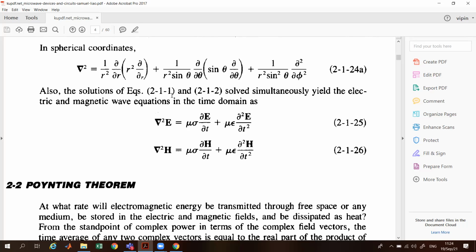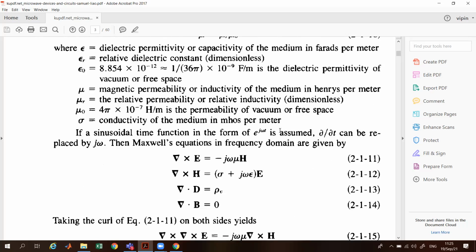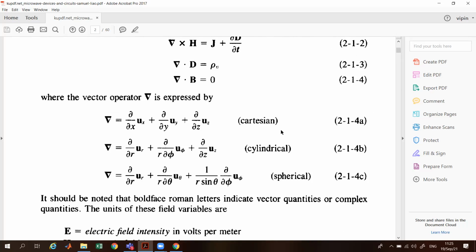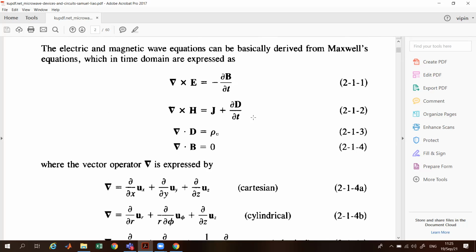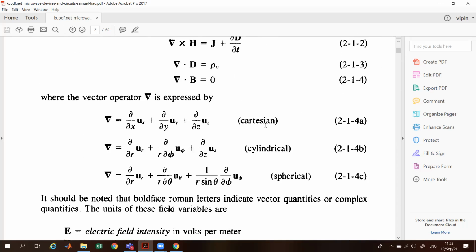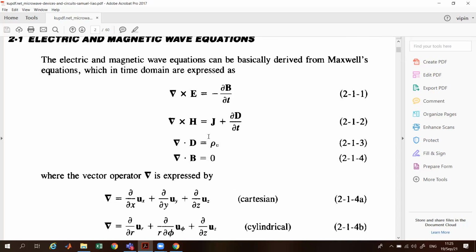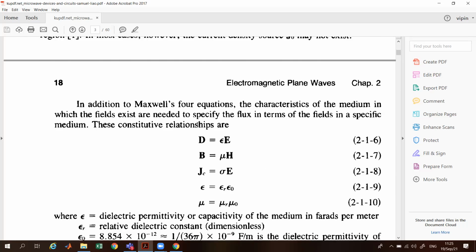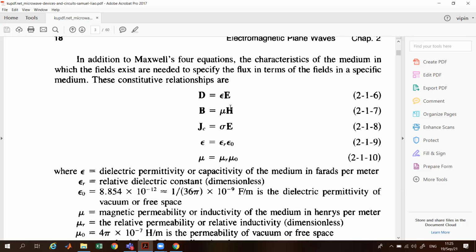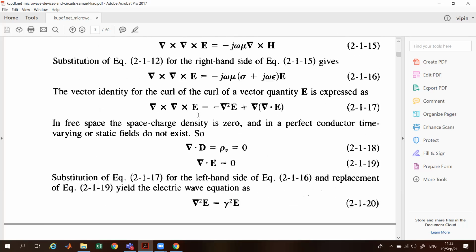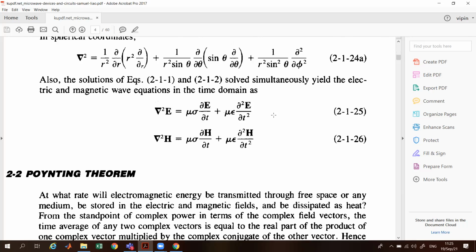What we are doing is solving equations 2.11 and 2.12 simultaneously. So J vector will be replaced by sigma E, and D will be replaced by epsilon E, and then you replace the remaining values depending upon these values here. And then you will achieve these equations.